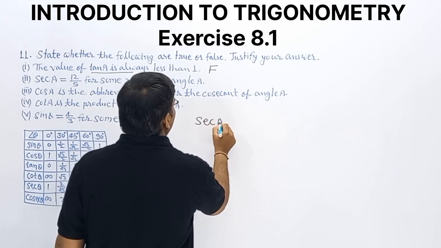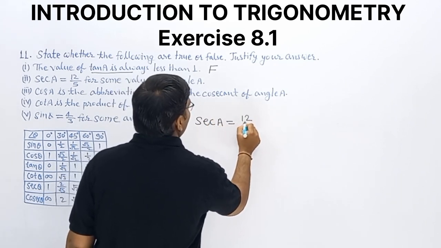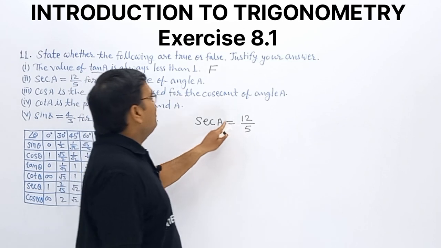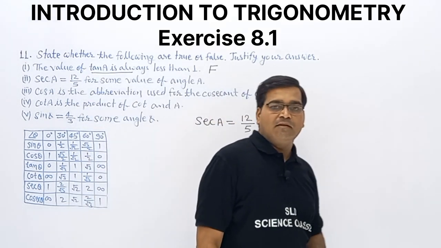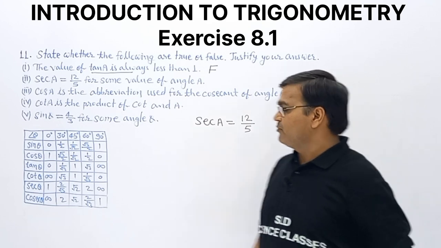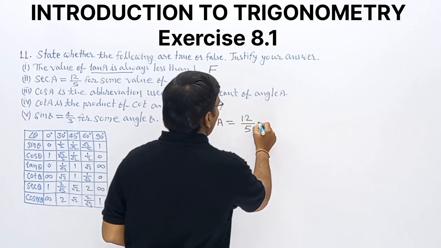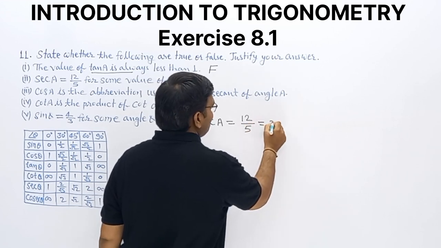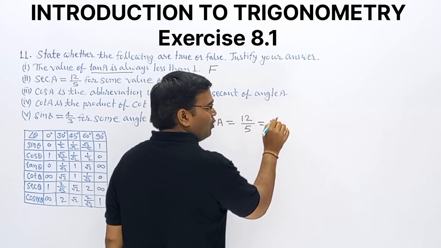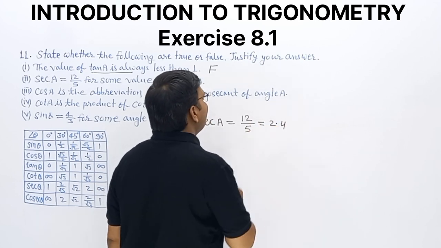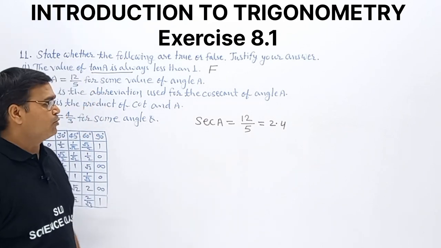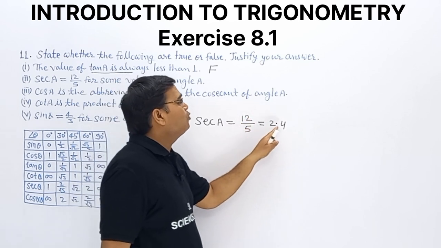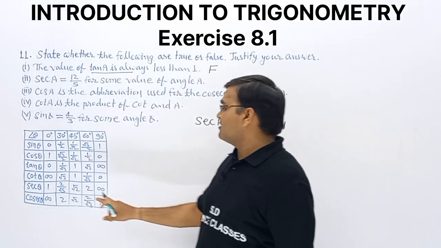Once we solve this fraction, the decimal will be 2.4. So sec A is 2.4. This 12 upon 5 is 2.4.